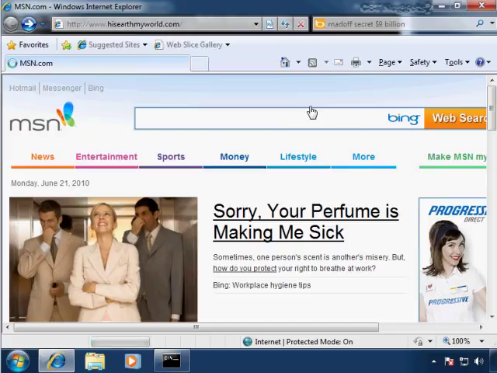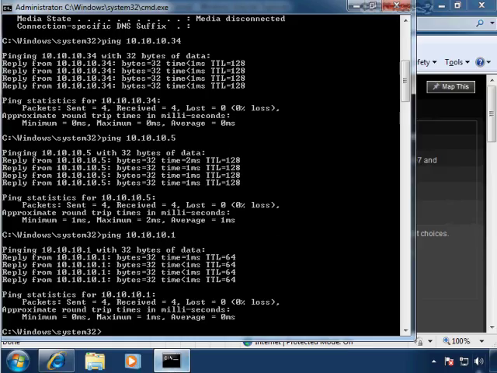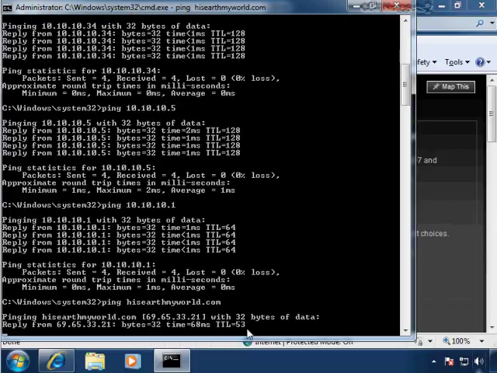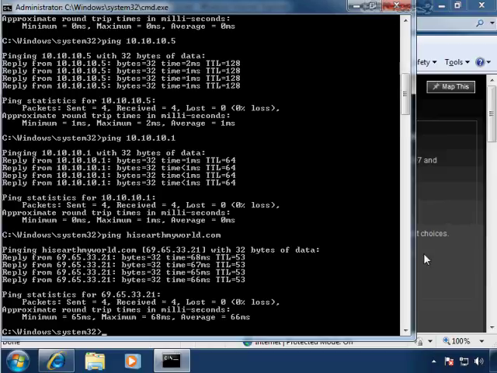Then when I go into this, let's say that I was not able to access it by name. In other words, I did this and it just timed out and it said it couldn't find it or something like that. But if I knew its IP address, like let's do it this way, ping hisearthmyworld.com. Now I know its IP address is 69.65.33.21.